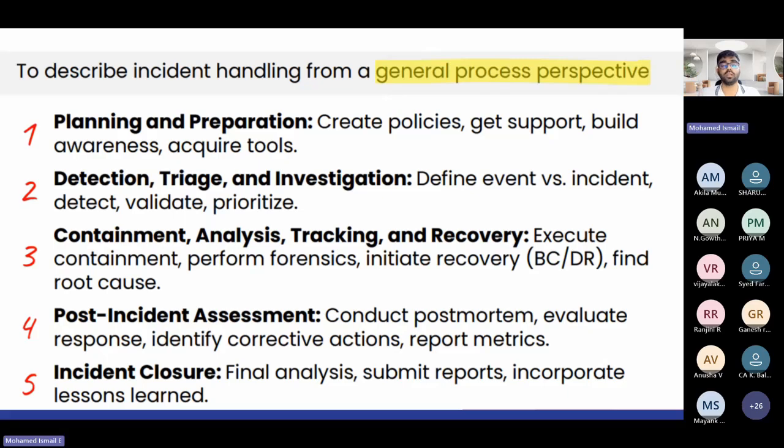This incident happened, let's say, today, but your incident planning and preparation may have happened 6 months ago, because you created the incident response policy, got management support and funding, and built awareness across all the teams, your security team, network team, or public relations manager. All are aware there is a policy that I need to follow during the incident. So this is like preparing for a disaster. You are preparing for a major disturbance, because a security incident can happen anytime.